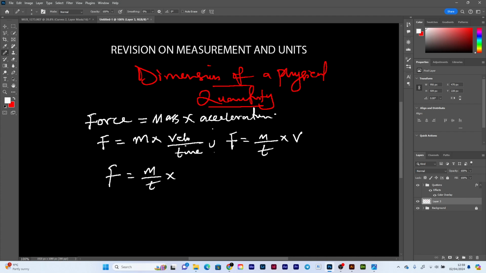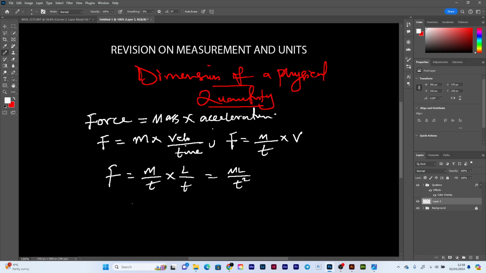Velocity is displacement over time. And since displacement, distance, altitude, height, they are just length, I can just write it as L all over time. And this is going to give us ml all over t squared. So that's the second step complete. We have expressed everything in terms of fundamental quantity now.